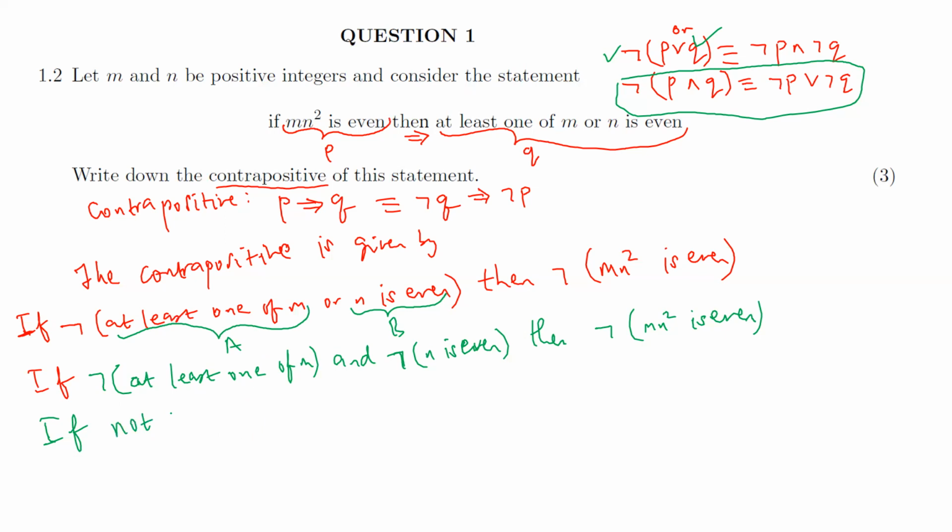Okay, you can think of that as at most, but the very correct way to write it is to say not at least. Not at least. Right. So in other words, if you're to say at least A, you can say not at least A.